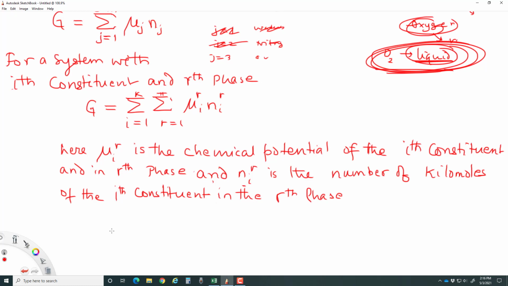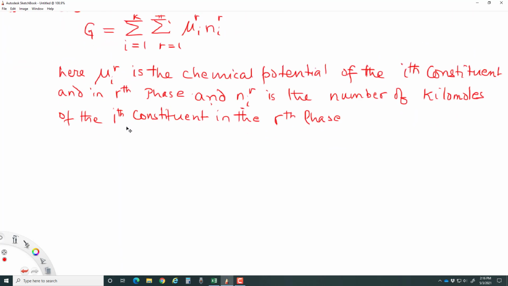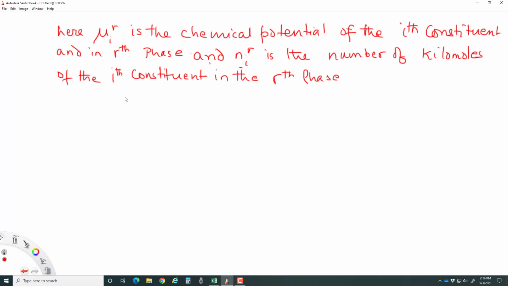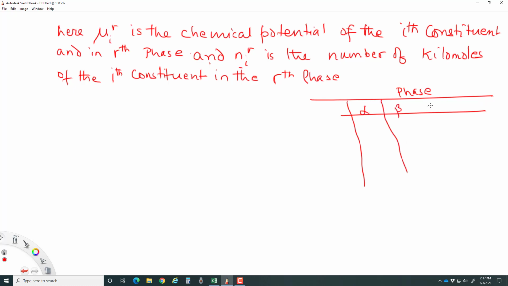Okay, if you put the things in a table, it would look like this. We may have phases given by alpha, beta, gamma, and all the way to pi.